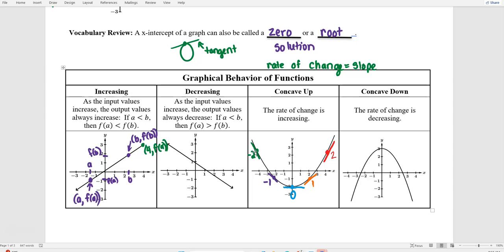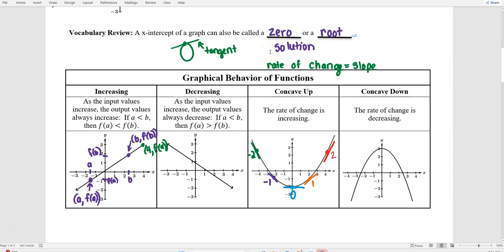I actually taught this incorrectly once in calculus, because I would say that the rate of change is decreasing there. It is not. The rate of change is increasing the whole time. Even though you're getting less steep, the numbers are increasing, right? Whenever we have a function that is concave up, that means the rate of change of that graph is increasing.